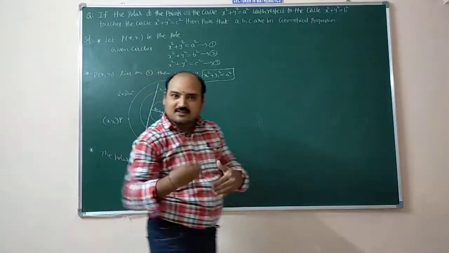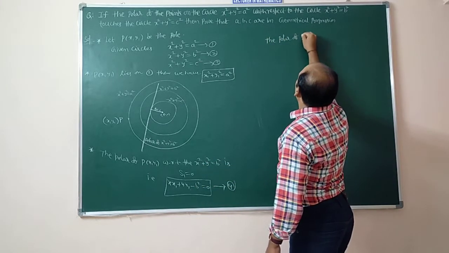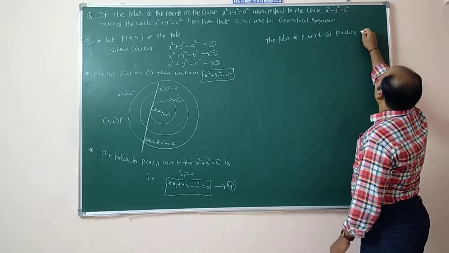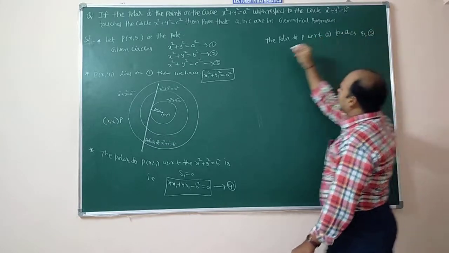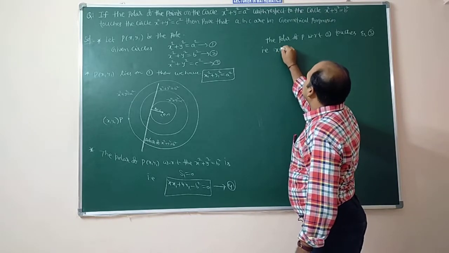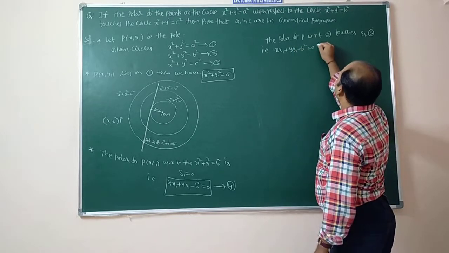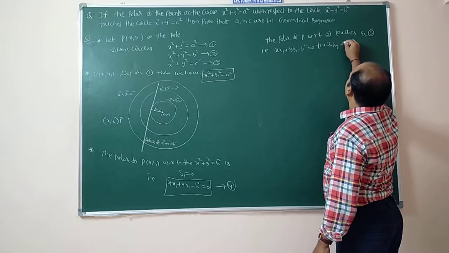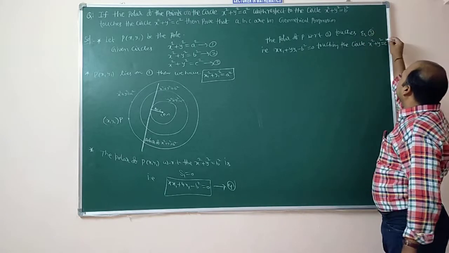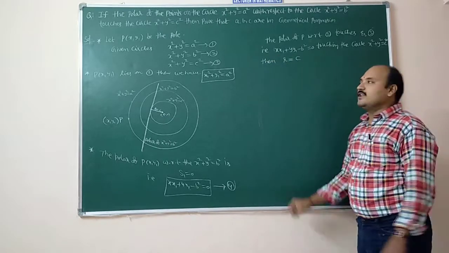So equation 4, the polar of P with respect to equation 2, touches equation 3, that is equation 4, xx1 plus yy1 minus b square equal to 0, touching the circle x square plus y square equal to c square. So then r is equal to c.